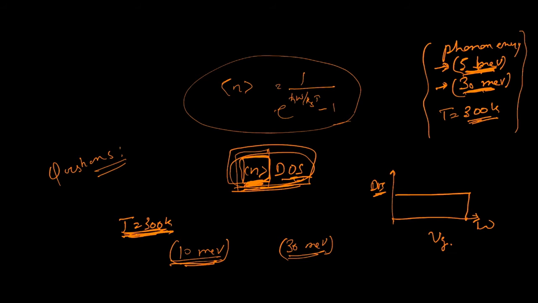So it comes around a factor of 3 times, sir, I think, if it is 10 to 30. So the ratio may be around 3.1, like that.